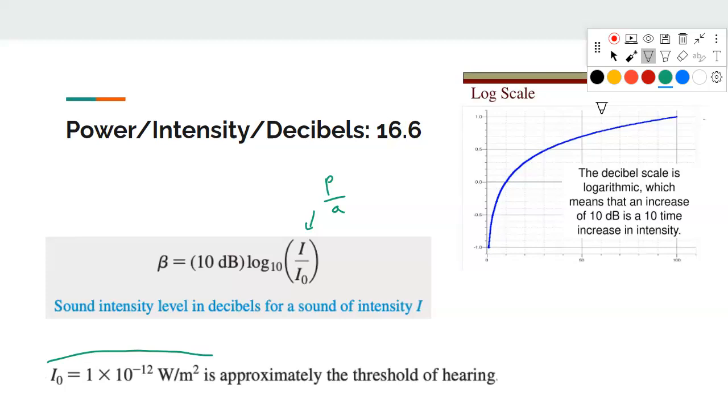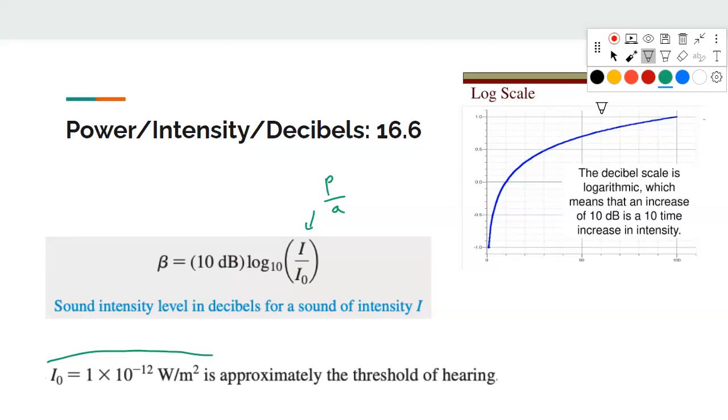Then we take the log base 10 of this value. So what that's going to do is it's going to compress this ratio. So remember, the thing you get from taking a logarithm is going to, for large values of that ratio I over I naught, the thing we get from the logarithm will be smaller than the ratio.